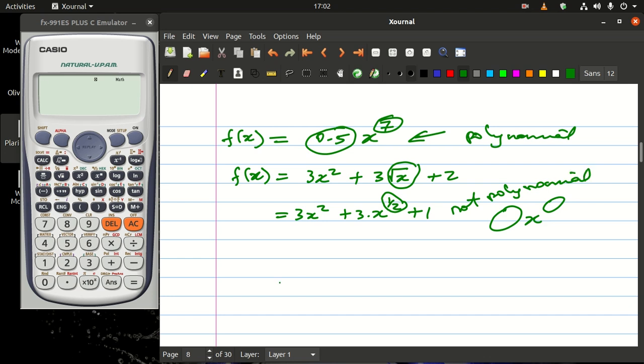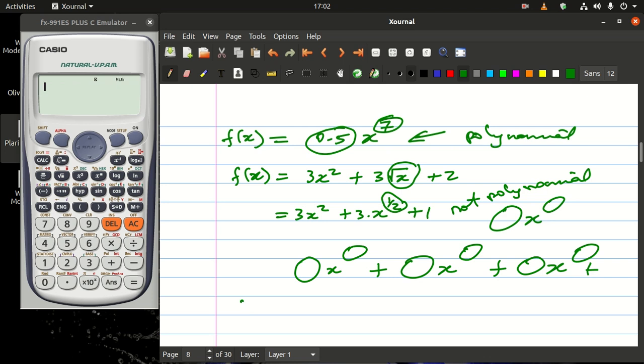We want our polynomial to be an addition of things like this: a real number times x to a natural number power, plus a real number times x to a natural number power, plus something like that, right?